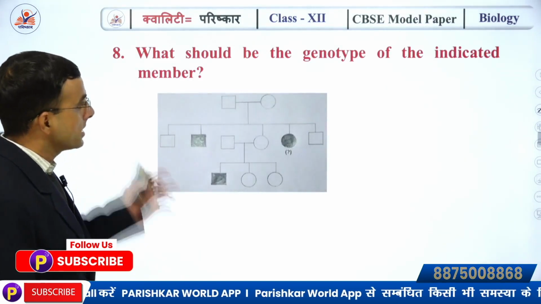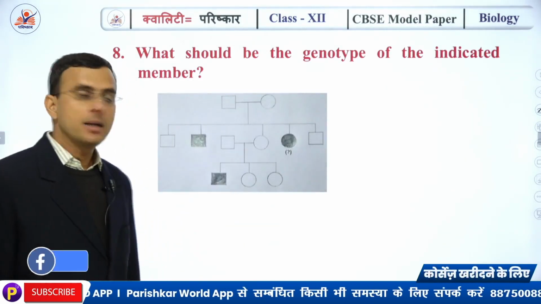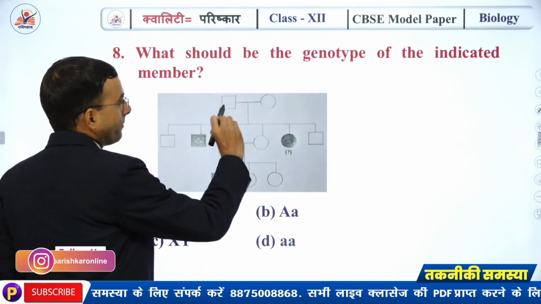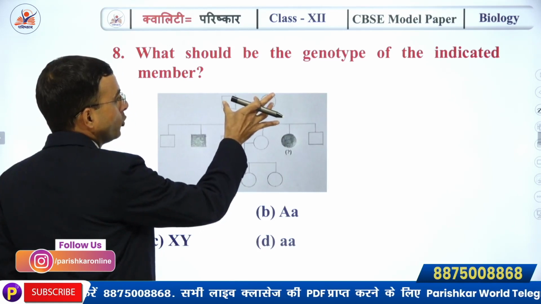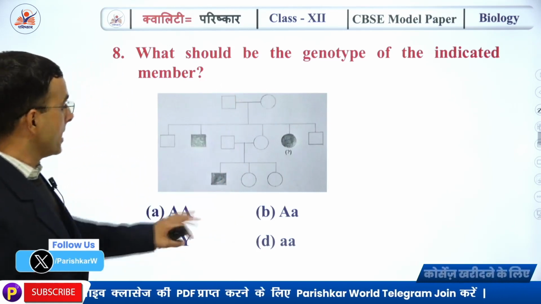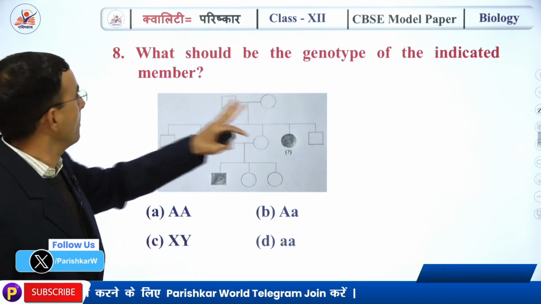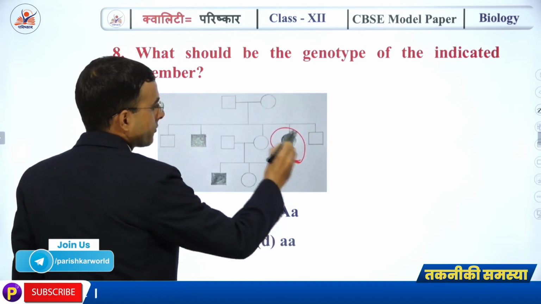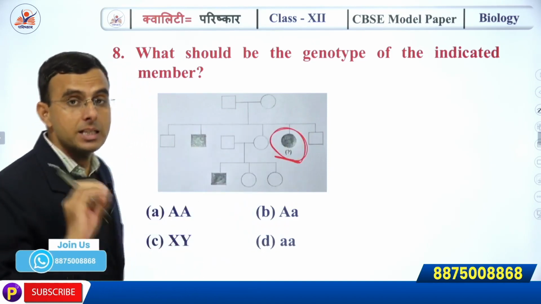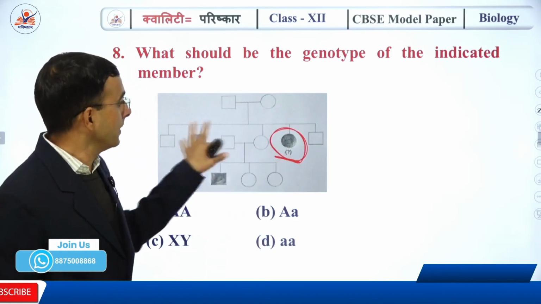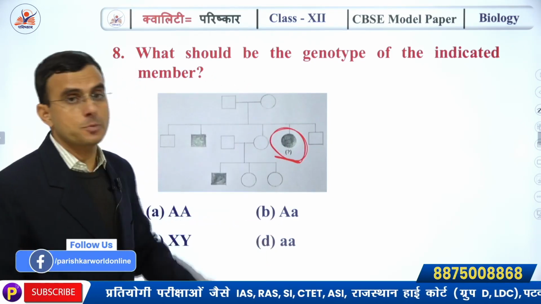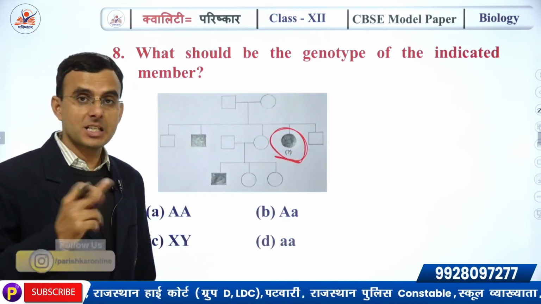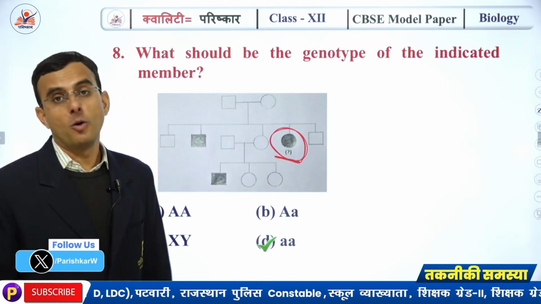Next one is pedigree analysis, and this is a very simple one. Look at this. If two individuals are bred, they are asking what should be the genotype of the indicated member. If the genotype is expressed in the recessive condition, the recessive condition is always expressed in the homozygous condition.